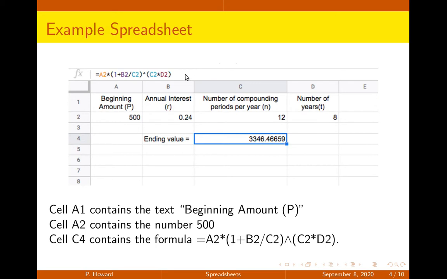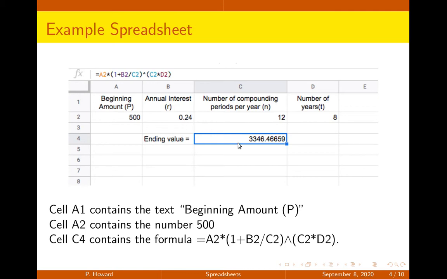So what's actually in cell C4 is the formula equals A2 star left parenthesis 1 plus B2 and so on. I've displayed the formula down here also. So what the spreadsheet does is it does the calculations described by this formula, but replacing A2 by the contents of cell A2, and B2 by the contents of cell B2, and so on.